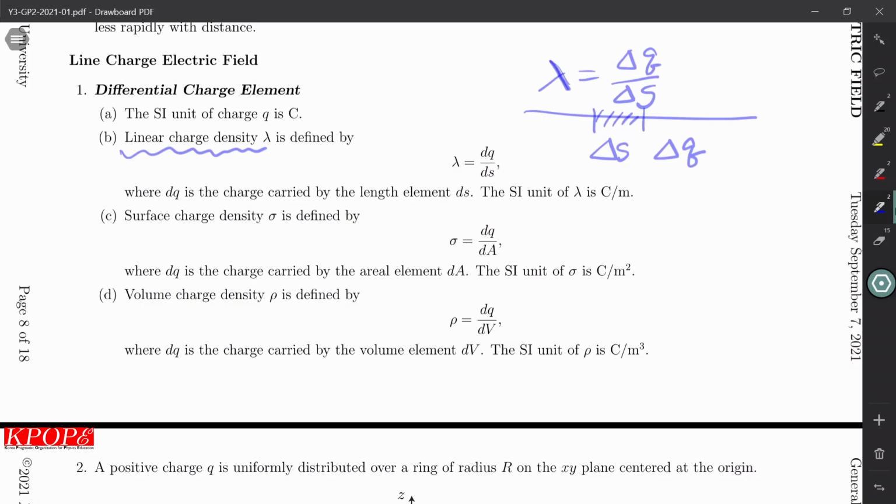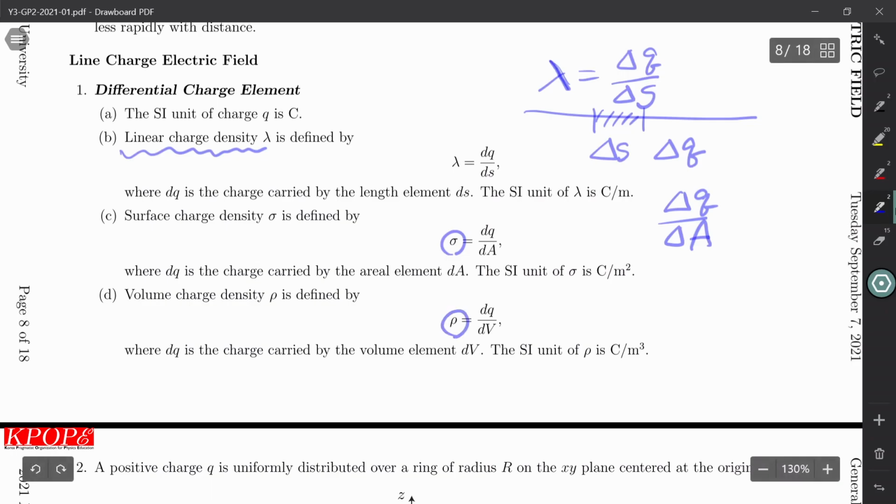In case we have a surface charge distribution, we introduce sigma, that is charge per unit area. If the charge is distributed over space, then we use volume charge density, rho, that is a charge per unit volume.